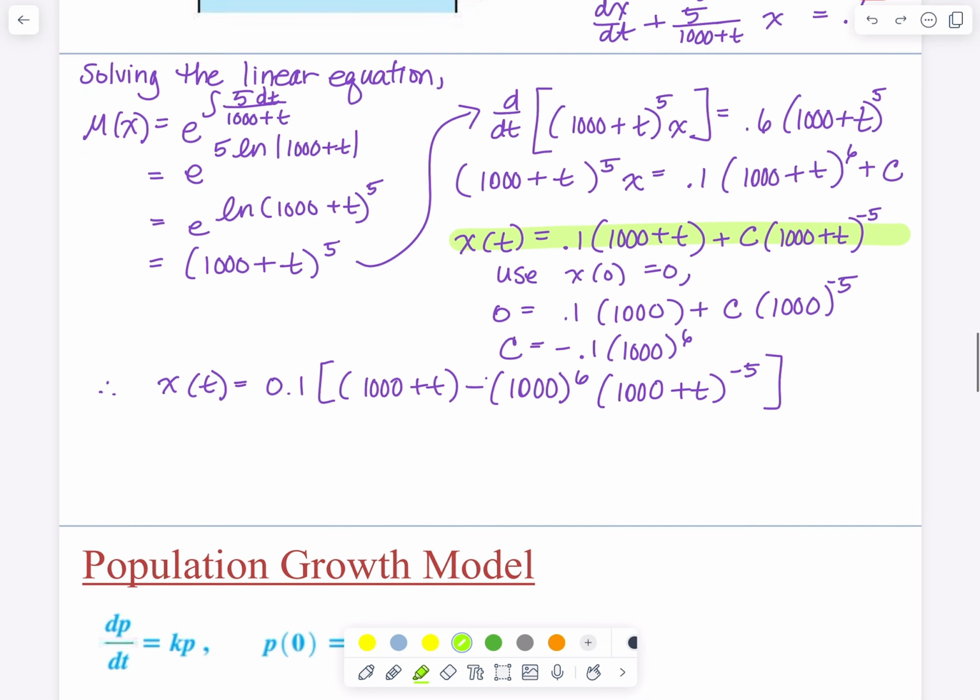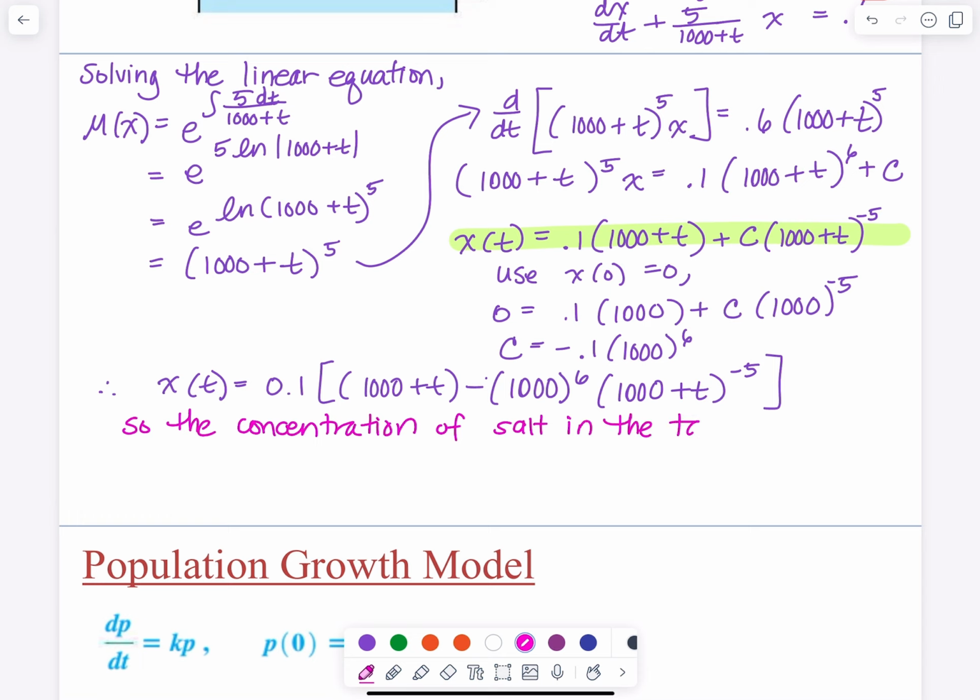So that is the solution to our differential equation. And so now we have the concentration of salt in the tank at time t.